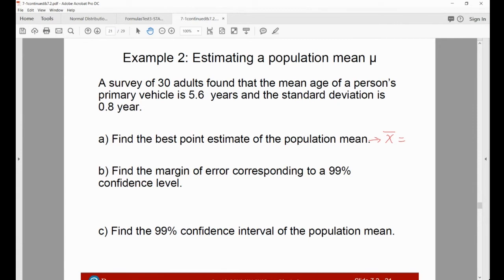What's the value of X bar, the value of sample mean? 5.6. This is the sample mean. It says that the mean age of a person's primary vehicle is 5.6. So the sample mean is always the best point estimate of the population mean. So this will be the answer for part A.